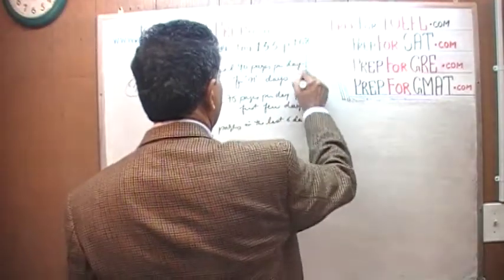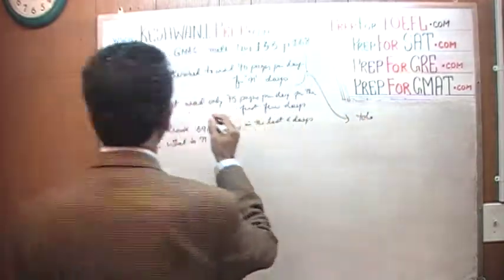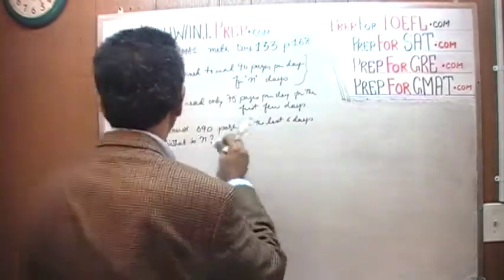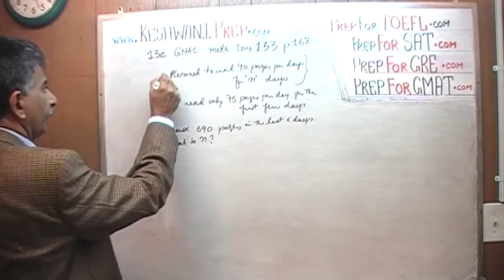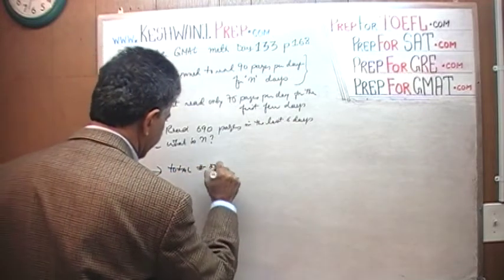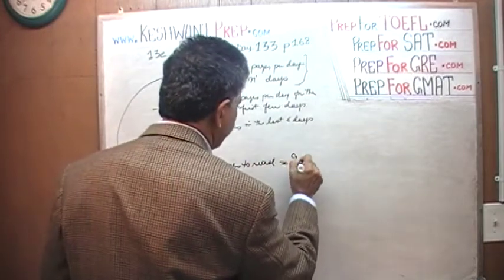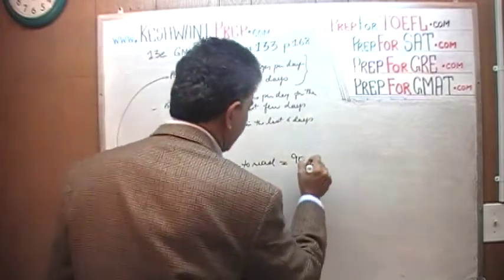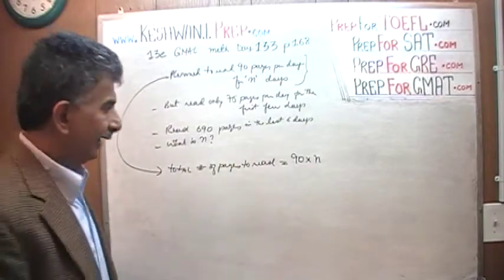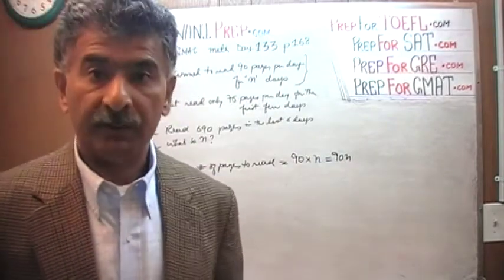This tells us that the total number of pages to be read must have been 90 times n pages for the reading assignment.